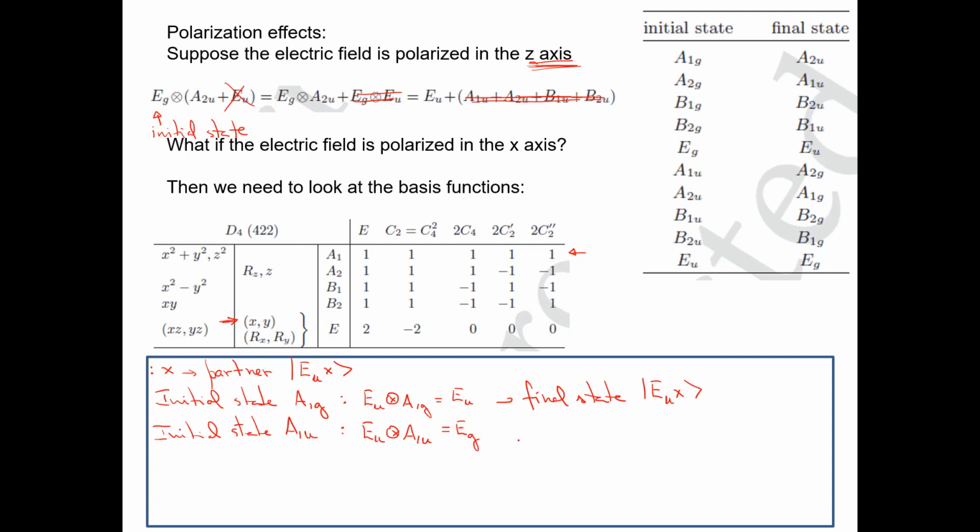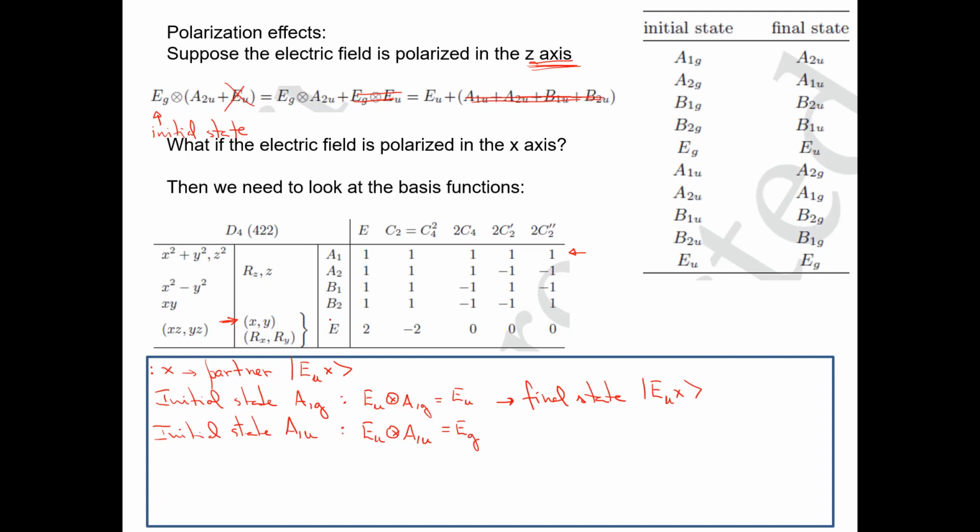So the final state must be Eg, but is it possible to say which partner of Eg is selected? Yes.